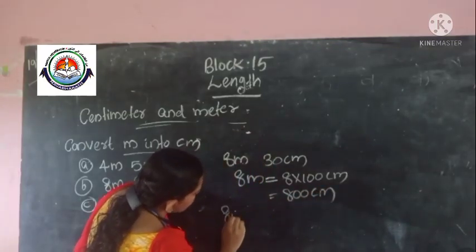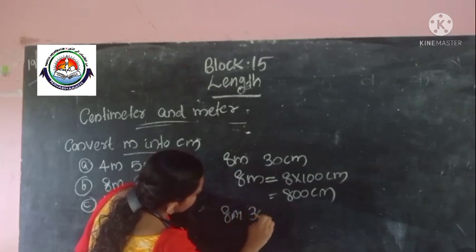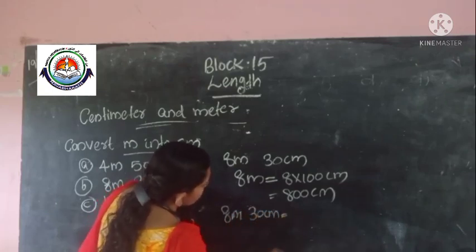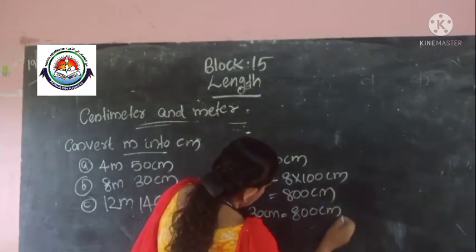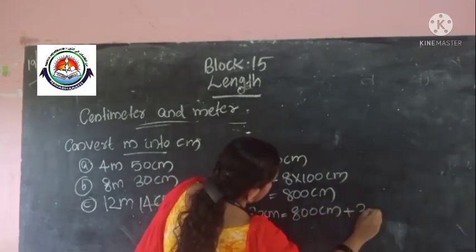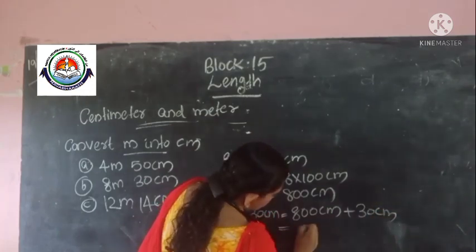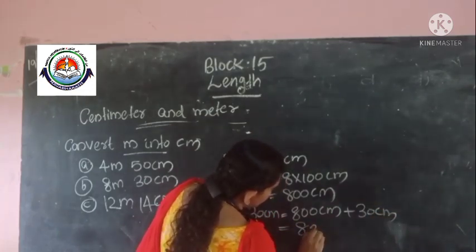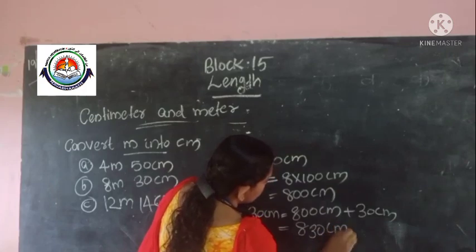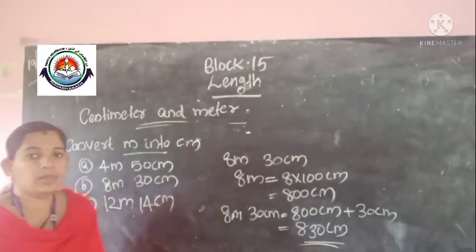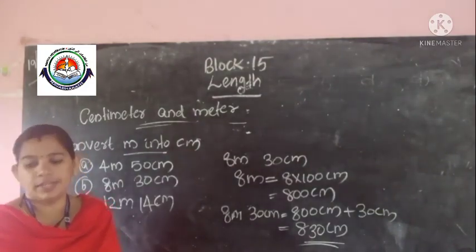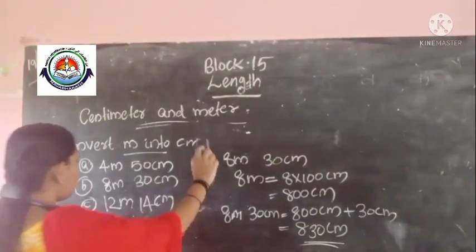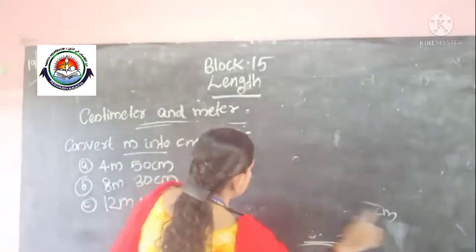Then 8 meter and 30 centimeter, so you get 800 centimeter plus 30 centimeter. 800 plus 30, 830 centimeter. Clear? How many of them got this answer? Okay, very good.